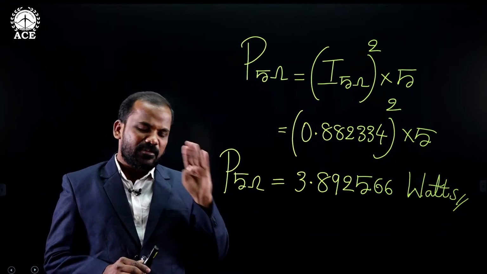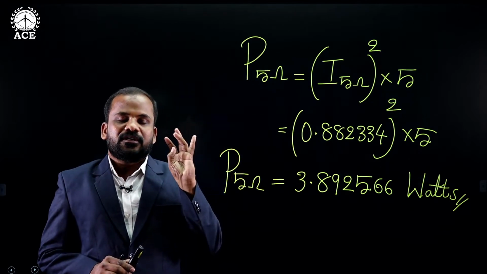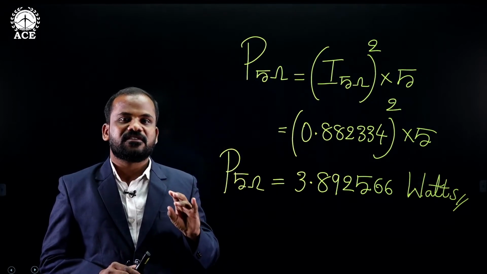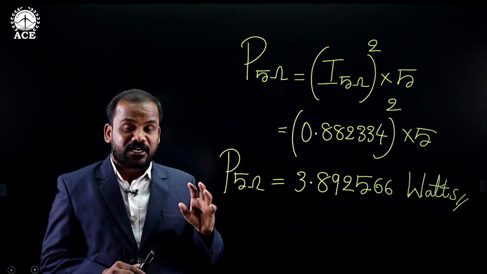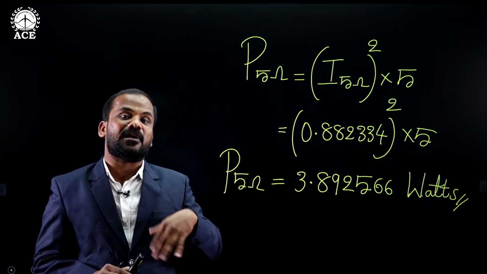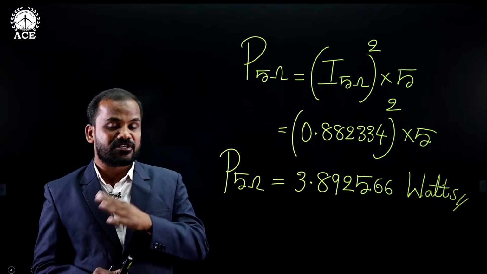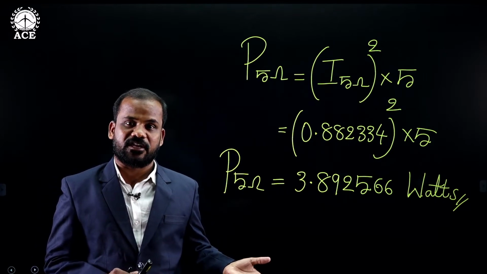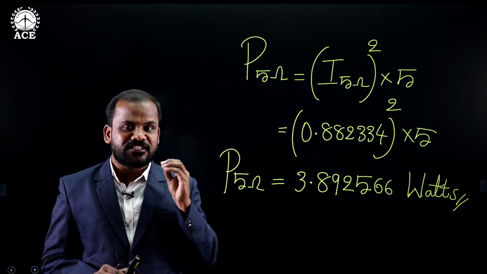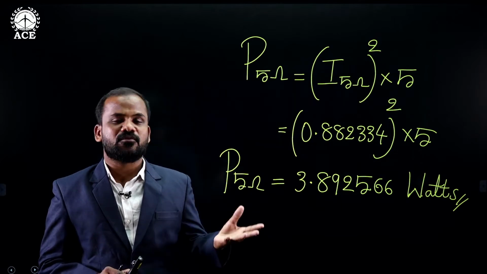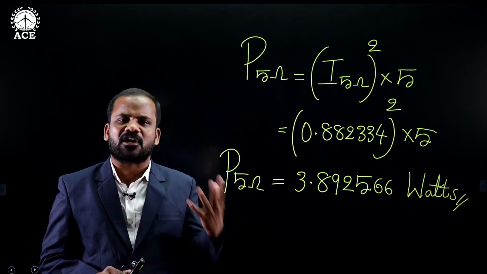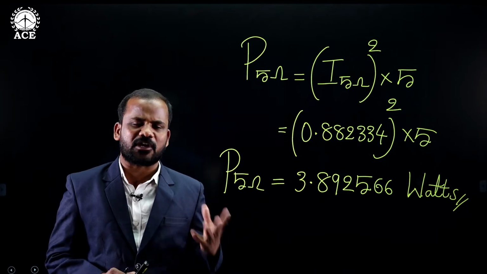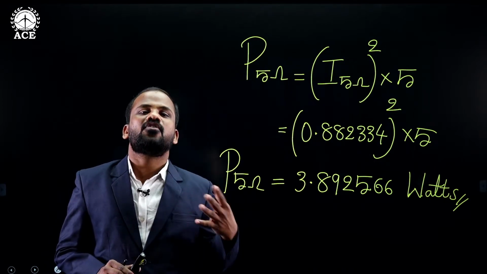Clear? So remember one thing, theorems are always applied when the network consists of multiple voltage sources, multiple current sources and multiple resistances. Okay, by using the traditional method for finding the solution from any given network, it is definitely possible, but it will take more time.